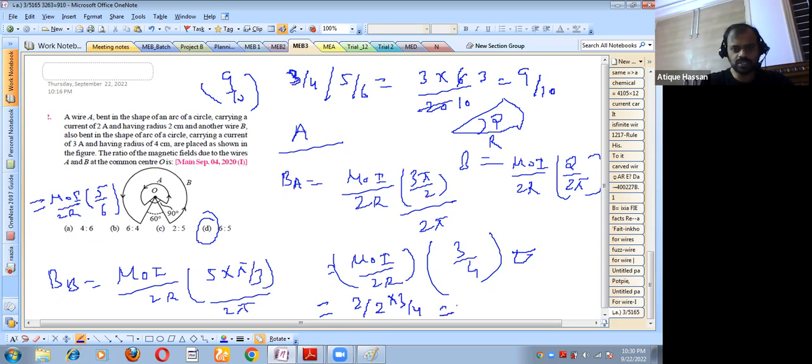So it will again remain 3/4. But in the second case, what is the value of I? 3, and radius 4, right?